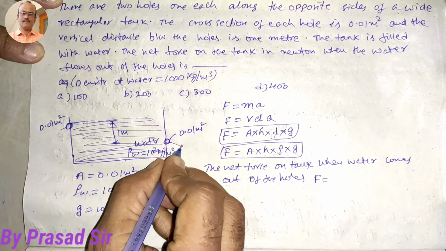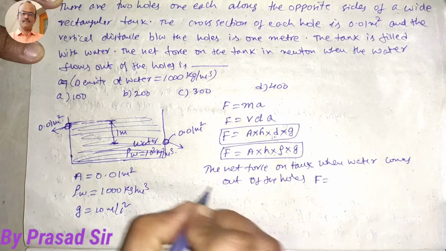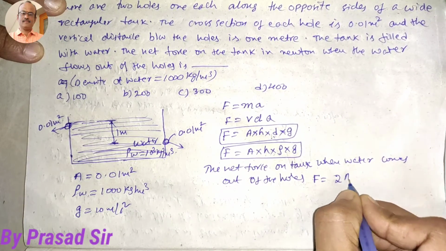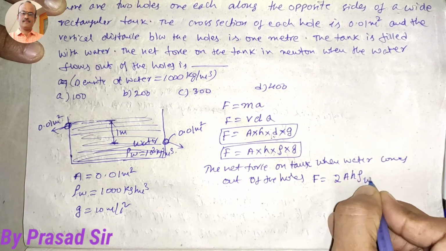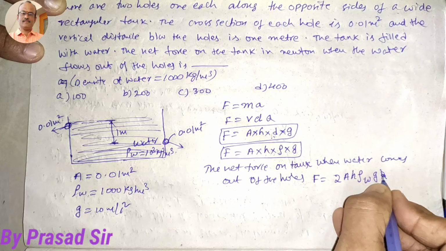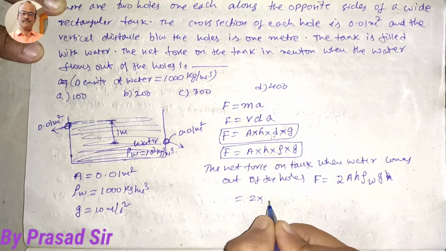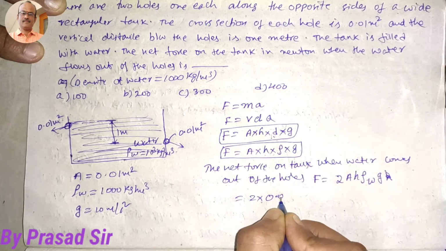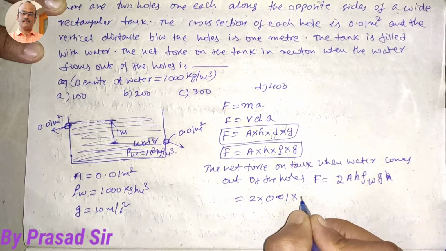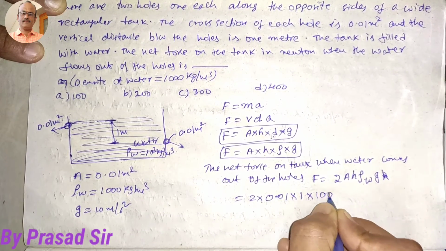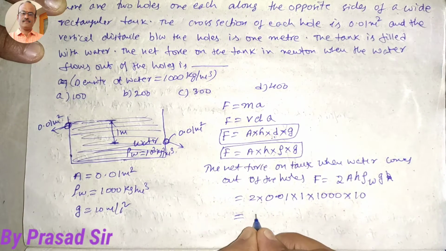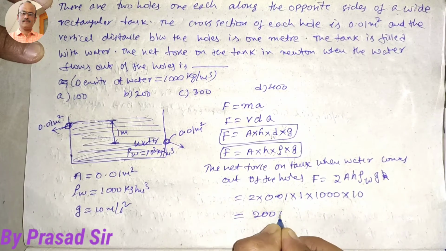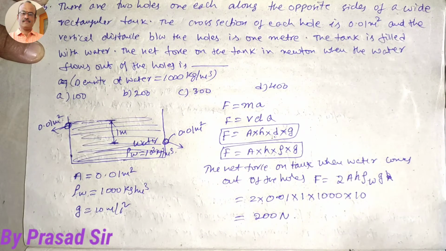Water is coming out on this side and also on this side, so that means 2 times A into H into density of water into G. Now substitute: 2 into 0.01 area into height 1 and density 1000 and gravity 10. On multiplication of all these, we get the answer 200 newtons. So which option is correct here? Option B is correct.